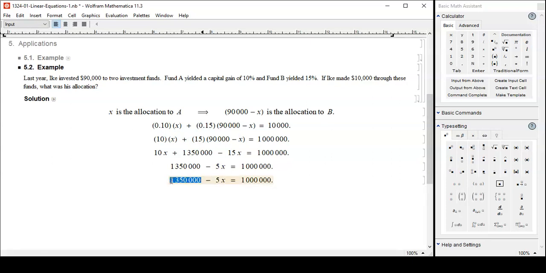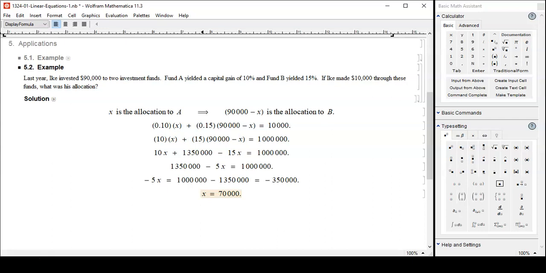And subtract this one away. And then 1 million minus, this is negative 350,000. And dividing by negative 5, negative becomes positive. X is 70,000.